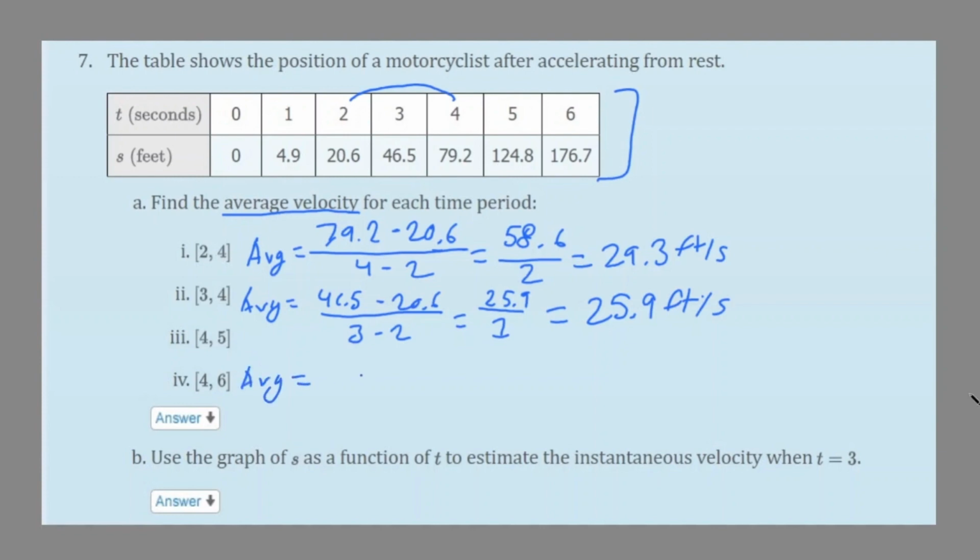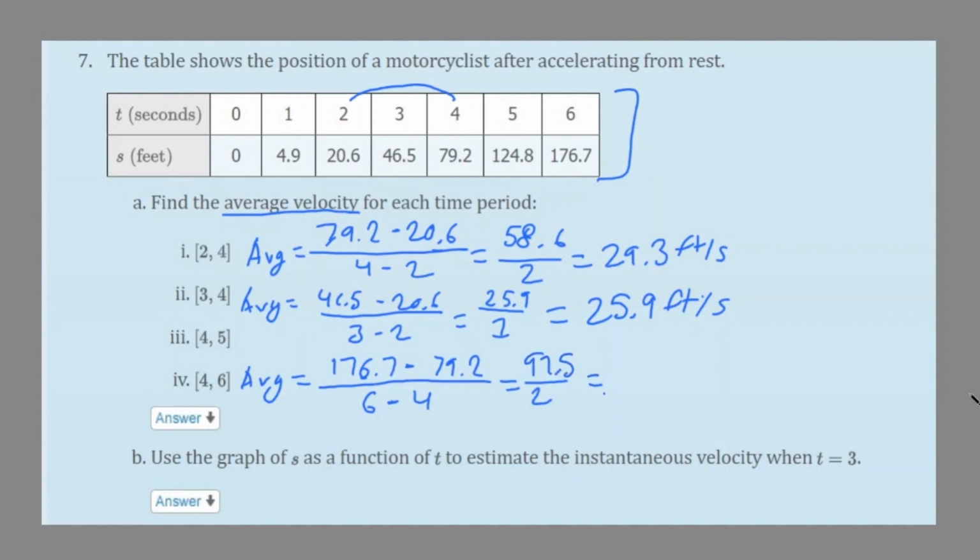The average velocity for this would be from 4 to 6. That would be 176.7 minus 79.2, and on the bottom would be 6 minus 4, so the denominator would be 2. 176.7 minus 79.2 would give you 97.5.